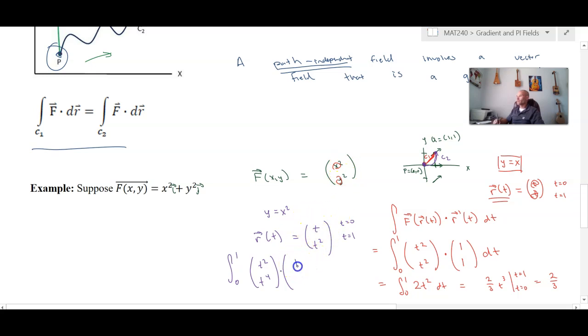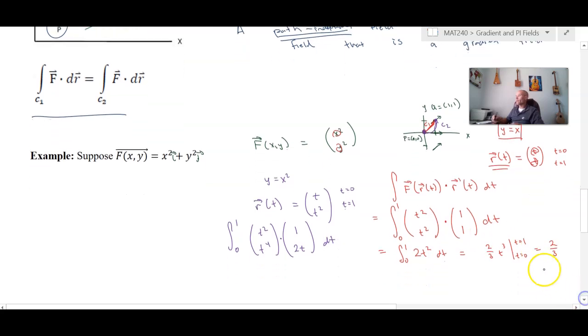Well, the derivative of t is 1, the derivative of t squared is 2t, and integrate this with respect to t. Now, if this in fact is a gradient field, then this is a path-independent field, and I should still get 2/3. Well, let's see. So t squared, is the dot product there, plus 2t to the fifth, and we need to integrate that with respect to t.